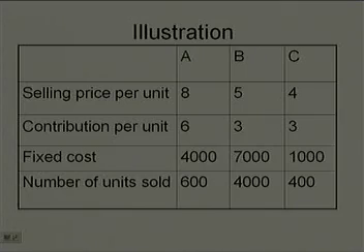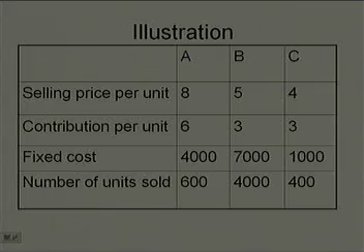Now, what is this contribution? It is nothing but the difference of sales price minus your direct cost. That is what we have defined as contribution. We say the difference of sales price P minus direct cost per unit DC is my contribution.